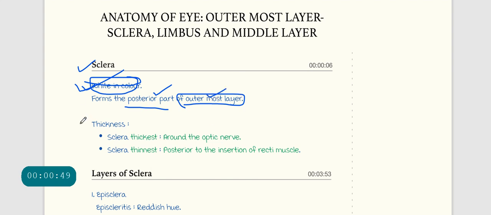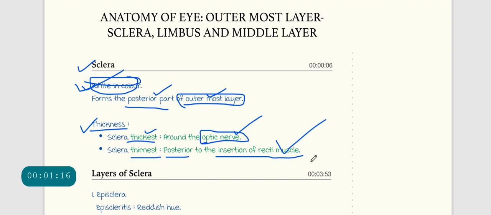Now the thickness of the sclera: the thickest part is around the optic nerve, and the thinnest part of the sclera is posterior to the insertion of the recti muscles. Posterior to what? Posterior to the recti muscles. Very simple.